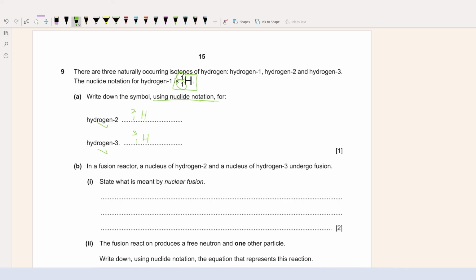In a fusion reactor, a nucleus of hydrogen 2 and a nucleus of hydrogen 3 undergo fusion. What is meant by fusion?